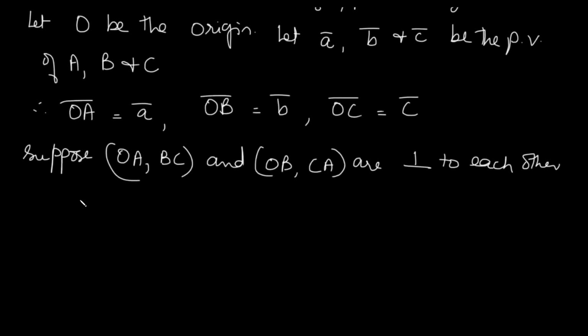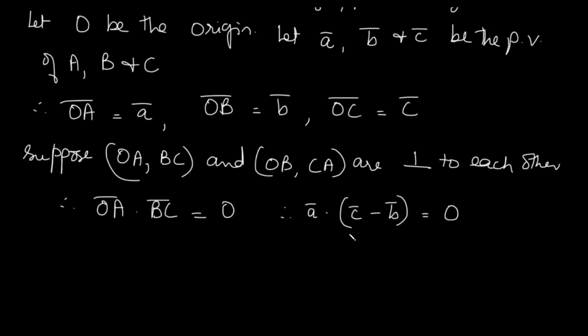So in this case, we have OA dot BC in vector form. The dot product of perpendicular vectors is 0. So OA dot BC is 0. And from this, OA means A bar, so A dot (C minus B) is equal to 0. And so we can write that A dot C minus A dot B is equal to 0.